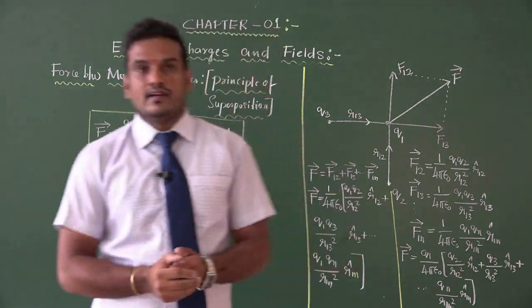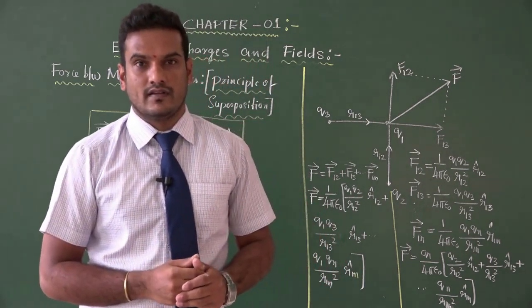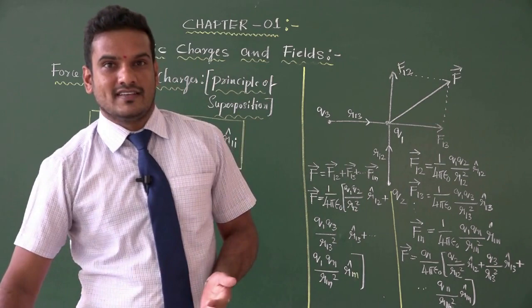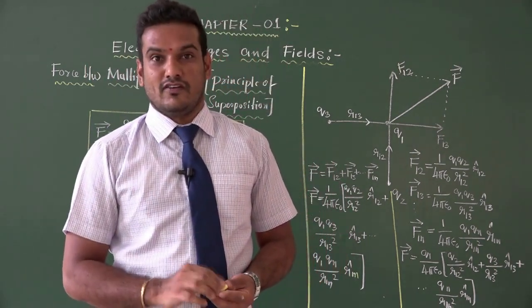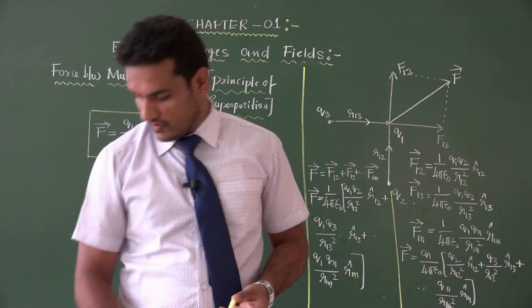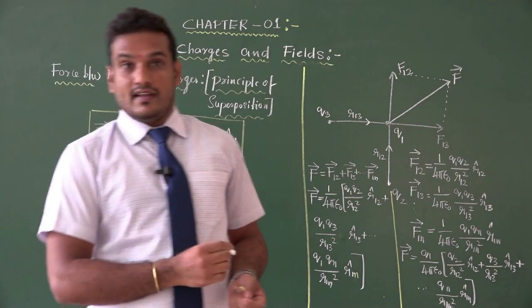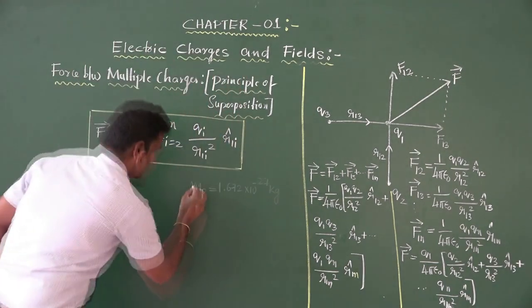So in between, I need to clarify one thing about my last class video. That was my first experience in front of the camera, while writing the values of mass of proton, mass of neutron and mass of electron, by accident I went wrong. I will write the values here. Please make a change.